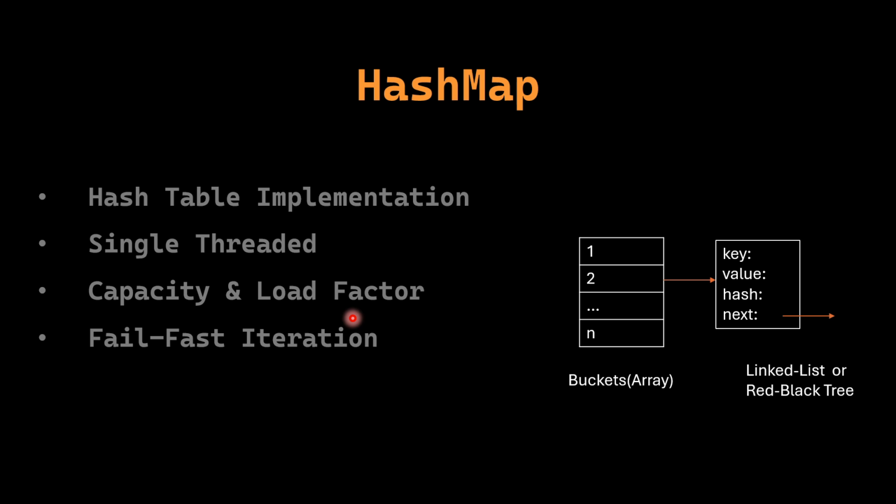Now let's examine HashMap's iteration characteristics. HashMap implements fail fast iteration semantics. This means that if you modify the map structurally during iteration, the iterator will immediately throw a ConcurrentModificationException.